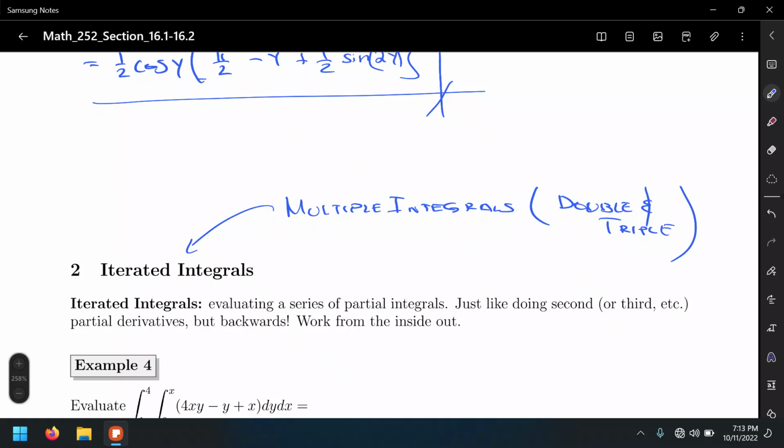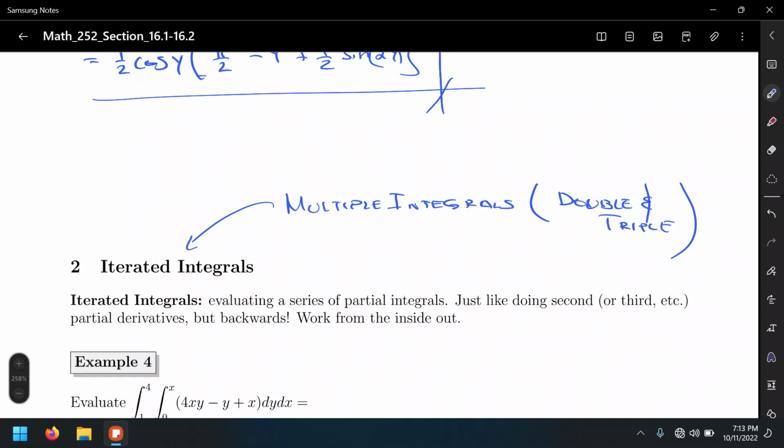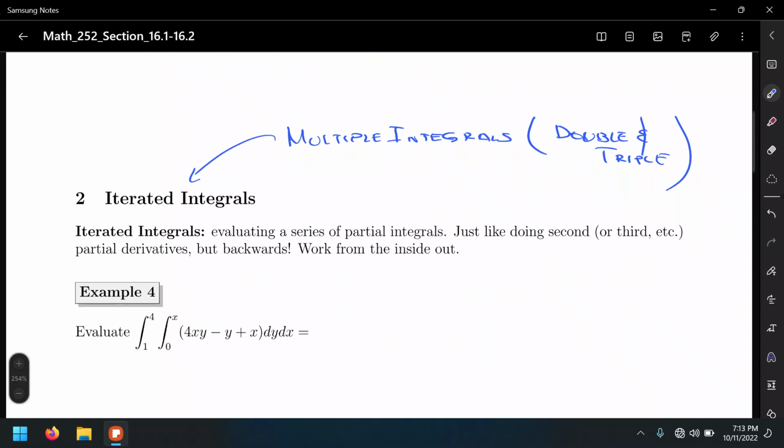In some cases, we won't be able to solve a problem using x and y's. We will have to convert the problem into the polar system. Remember polar coordinates from calculus 2? So that's coming back. It's the last handout I gave you.